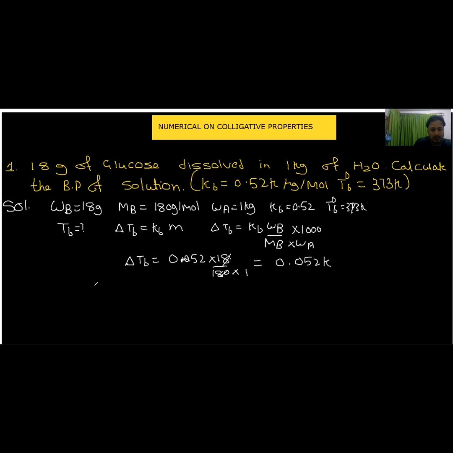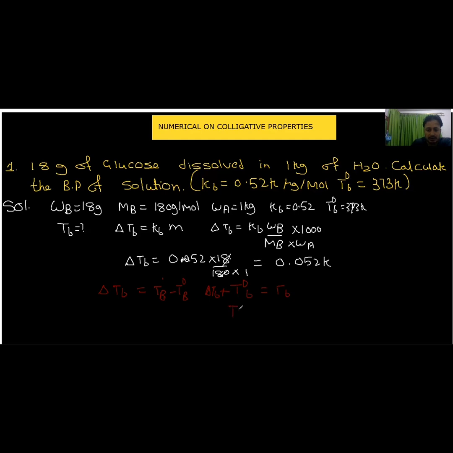Now you have to calculate the value of Tb. To calculate the value of Tb, you will use this formula: delta Tb is equal to Tb minus T naught b. So the value of T naught b is going to be added with delta Tb in order to calculate Tb.